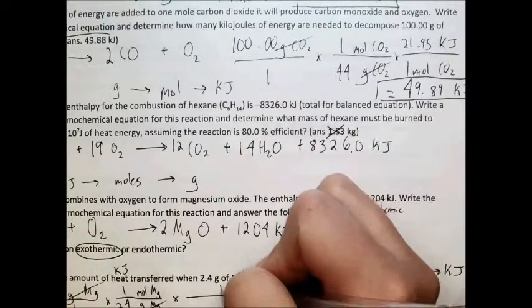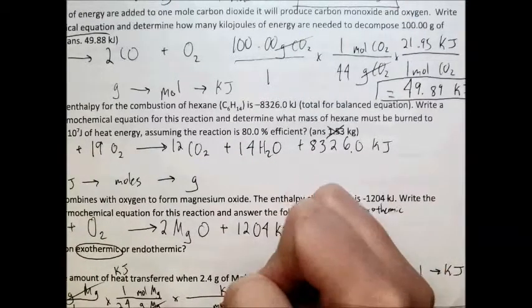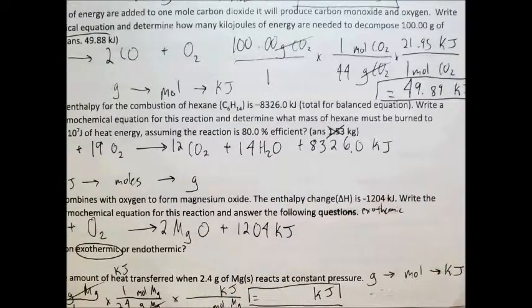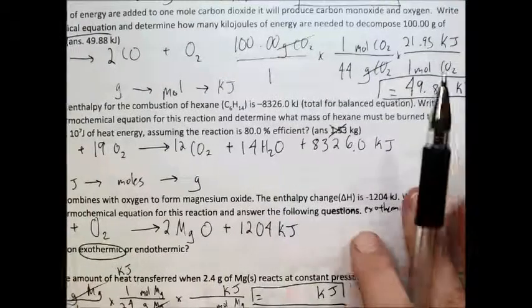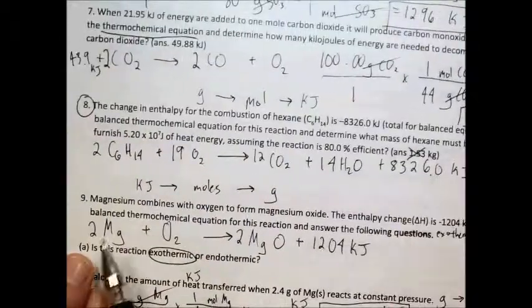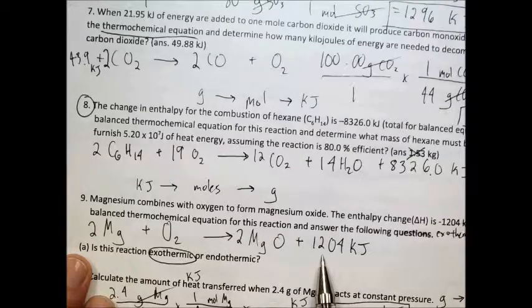So I'm going to put kilojoules up top, I'm going to put moles of Mg on the bottom to have it cancel. And the equation that I just wrote says that for every 2 moles of magnesium, I create 1,204 kilojoules.